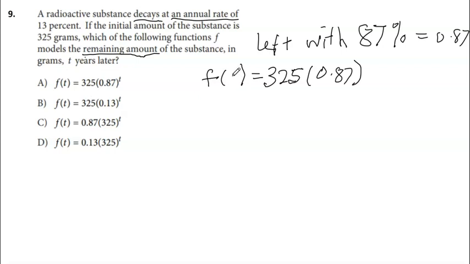So I'll say, okay, after 1 year, this is what will remain, because it says it decays at the rate of 13% each year. So at the end of 1 year, I'll have 325 multiplied by 0.87. That's what will remain of the total. Now let me go to the second year.